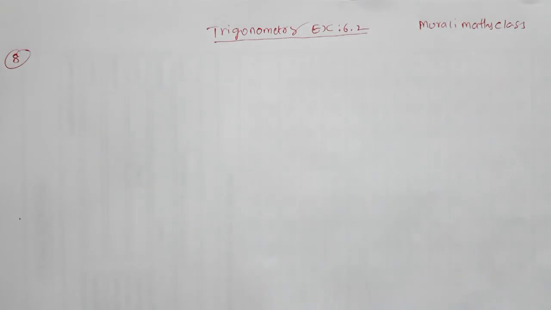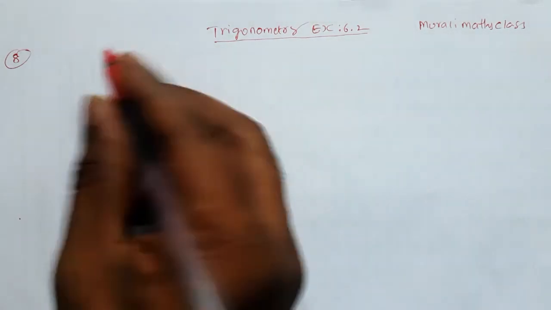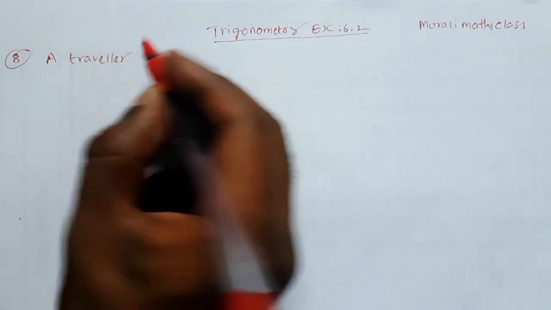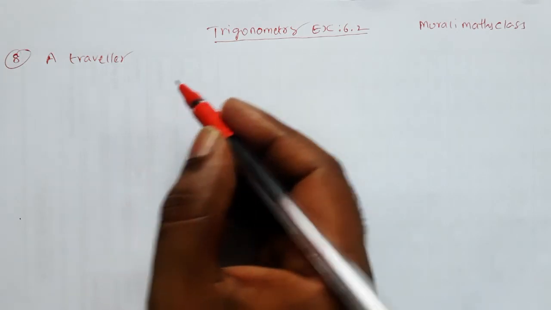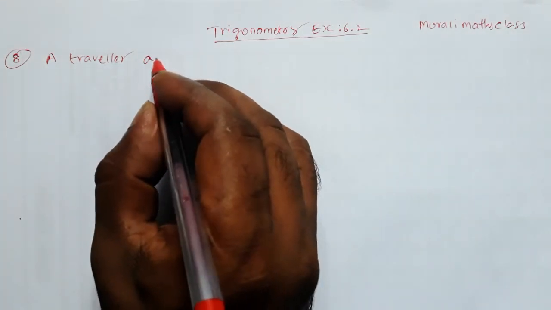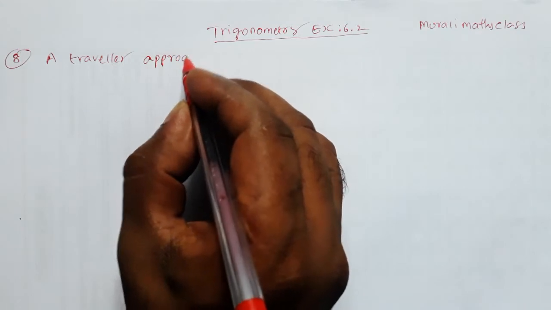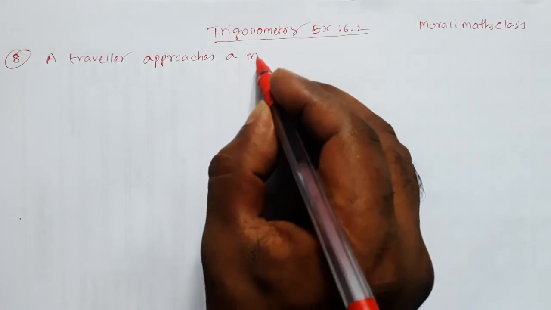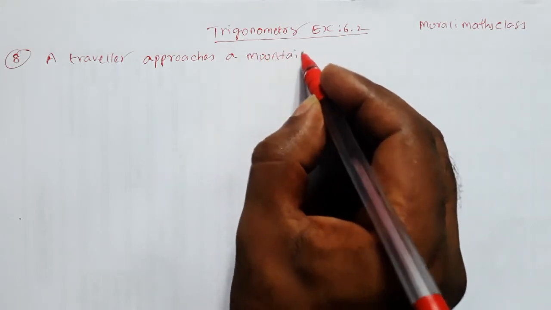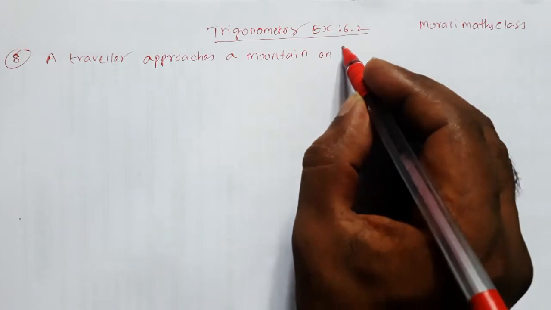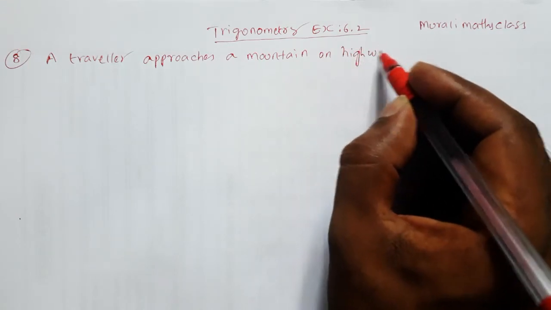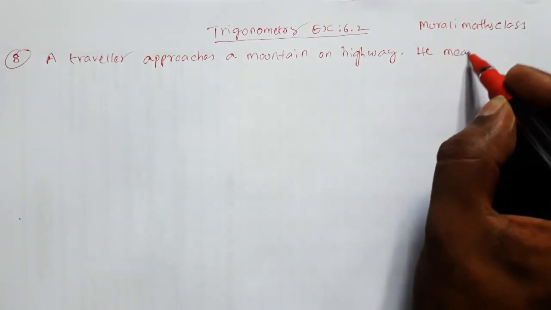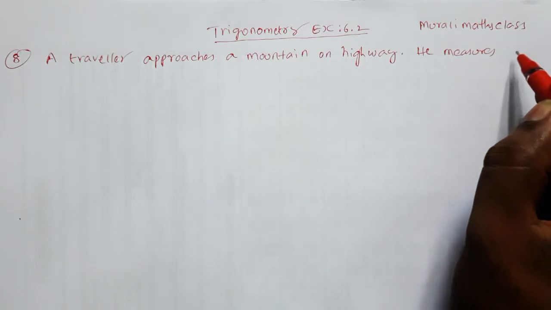First we will write what they gave. A traveler approaches a mountain on highway.